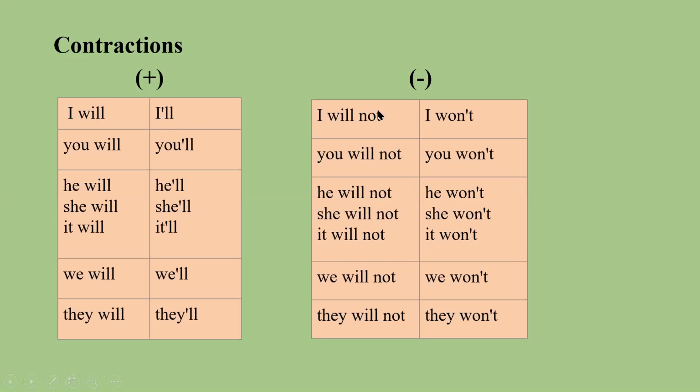In contraction, I say, I won't speak French next year. You won't drive a car next year. We won't go to the party tomorrow night. They won't enter the class next week.